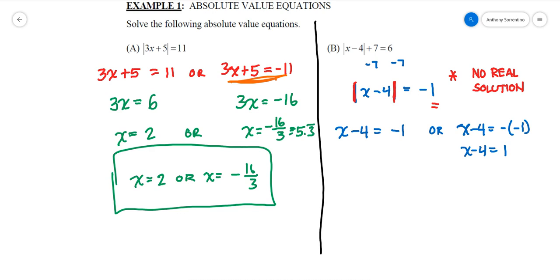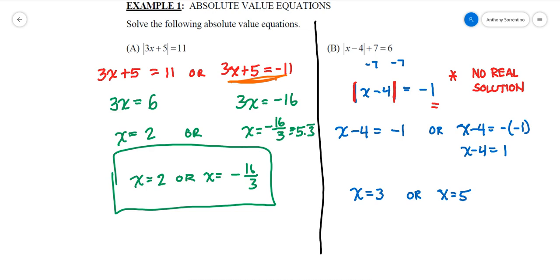As you solve these equations, I add 4 to both sides. On the left-hand side, I get x equals 3. I add 4 to both sides of the right equation, I get x equals 5. So you're saying, well, I got solutions here.